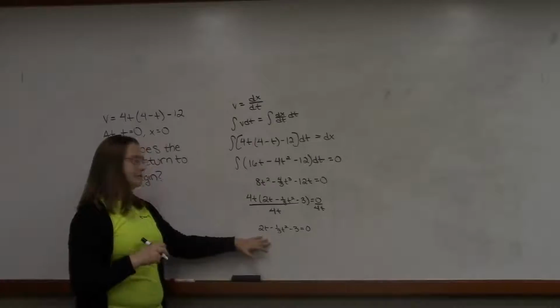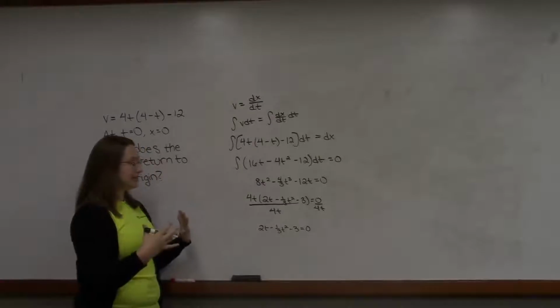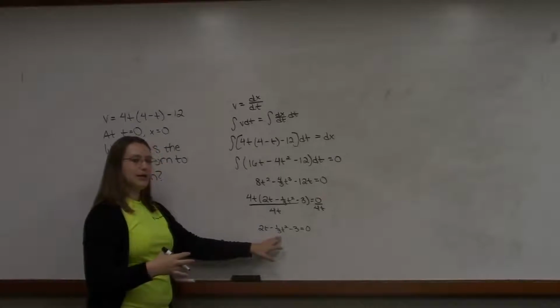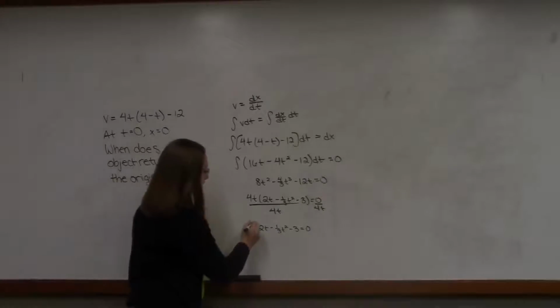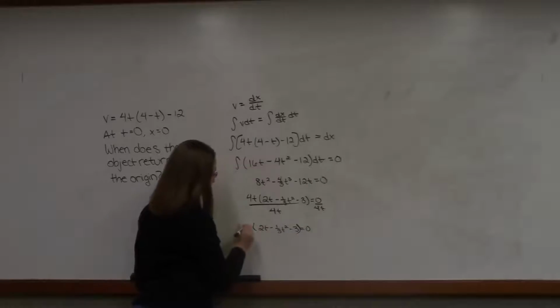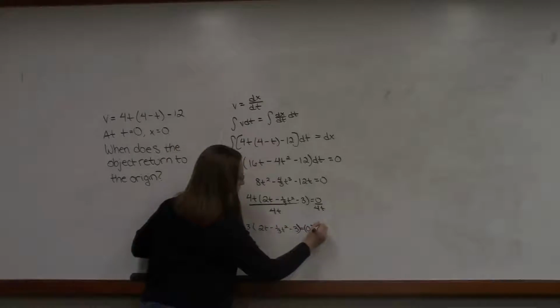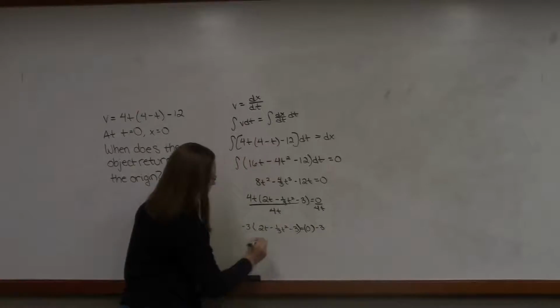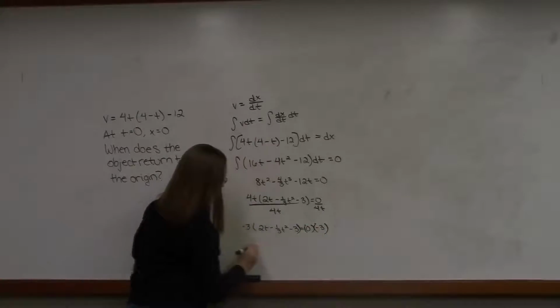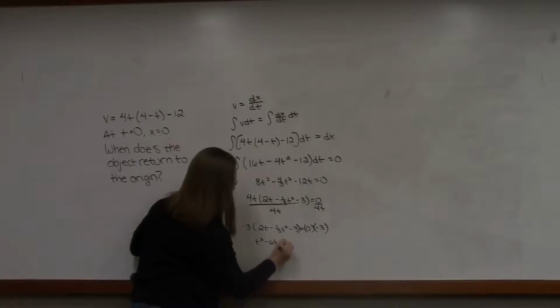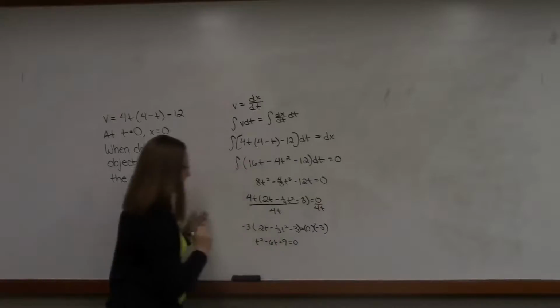So now this looks like a quadratic, so I want to rearrange it to look like one, and then I'm going to also multiply by a negative 3 to make our front term a positive 1. So I'm just going to multiply both sides by negative 3. And that gives us t squared minus 6t plus 9 equals 0.